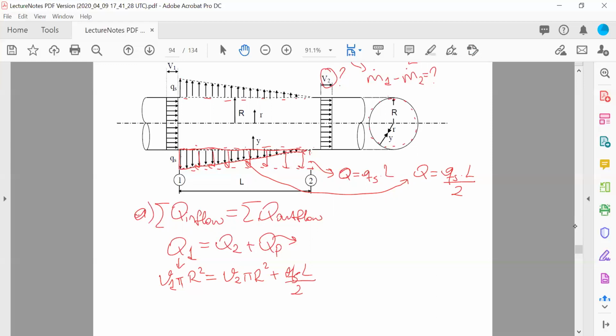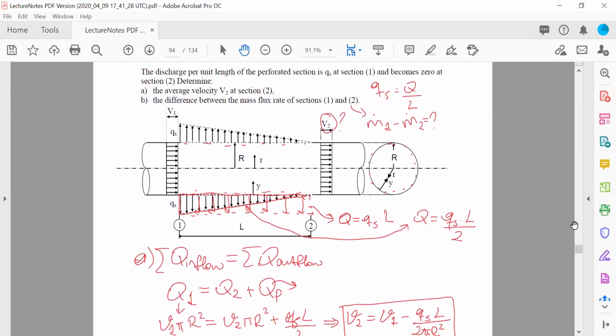From here, dividing both sides with pi r square, V2 happens to be V1 minus Qs L over 2 pi r square. This is the result.